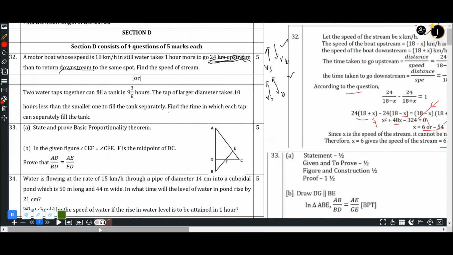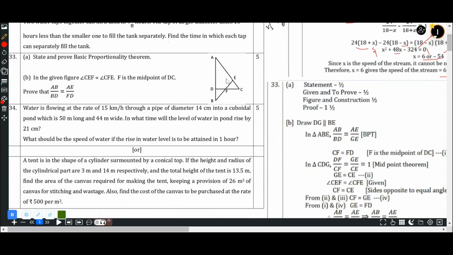And that says, state and prove proportionality theorem. In the given figure, angle CEF is equal to angle CFE. These two angles are equal.